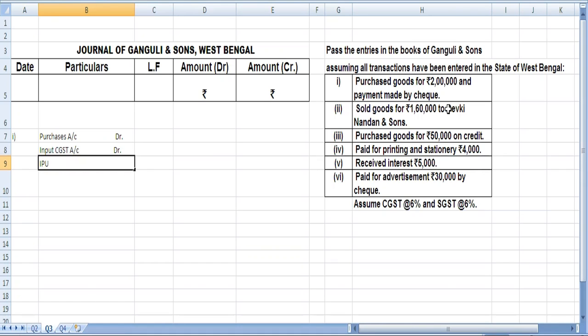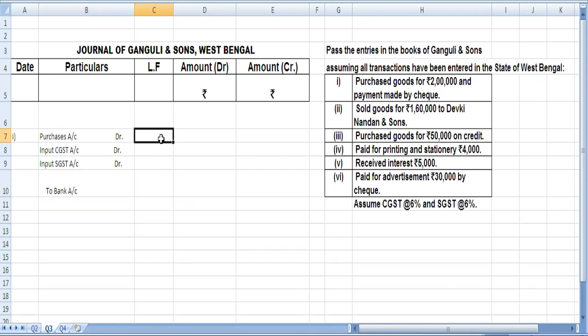So input SGST account, this also we will debit, and since the payment is made by check, this is not a credit purchase, so we'll write here to bank account.